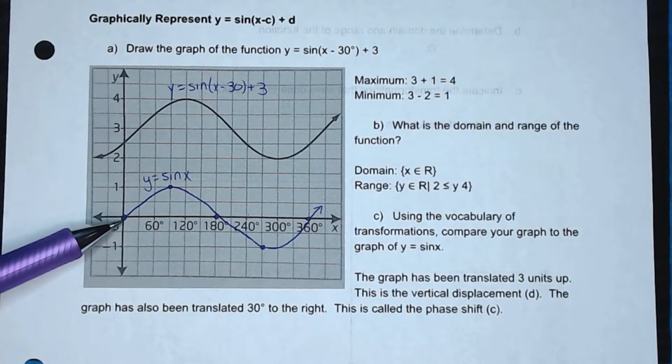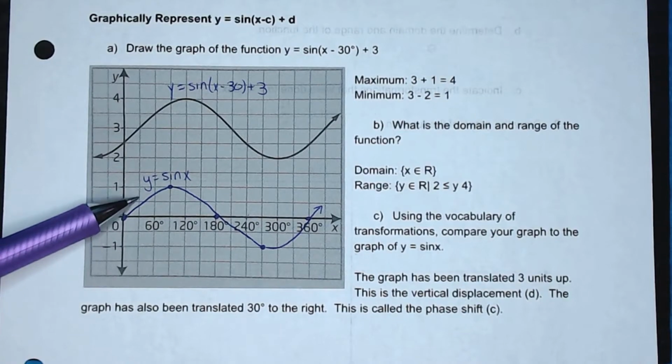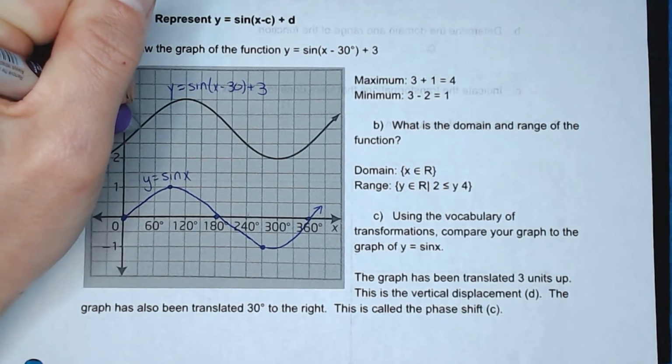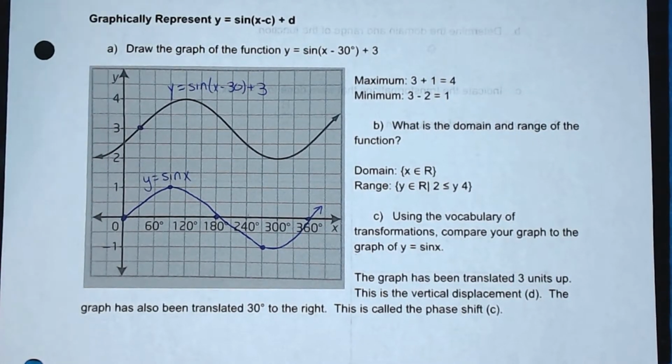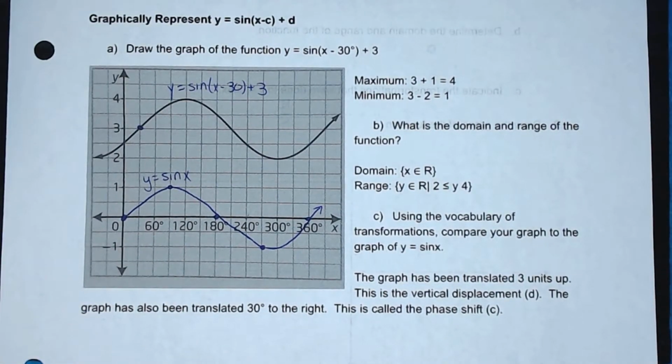Typically the sine function starts at 0, 0, but it's shifted over 30 degrees and then moved up 3 units. So that starting point for that sine function is now right here. And from there you just graph out the sine function.